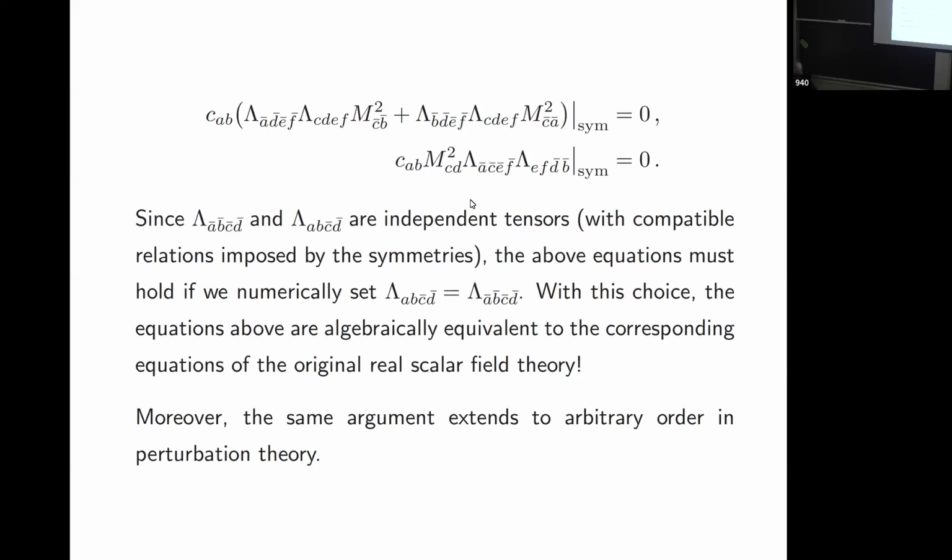Oh, I don't have to map it back. Once I get these 2 equations to be equal to 0, they're equal to 0 because of the symmetry of the complexified theory. Right? But now once I have these equations, I compare them with the corresponding equations in the real theory, and algebraically they are exactly the same.